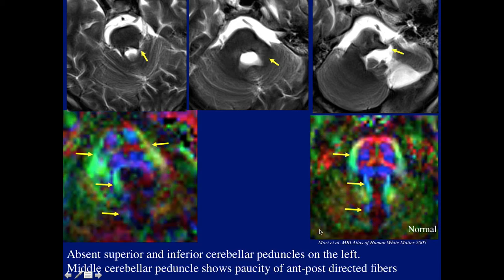And again, not only do we see it on the T2, but we can also see it on the DTI image. The normal side, the green, middle, superior, and slightly bluish inferior cerebellar peduncle. Nothing here, just a little bit of yellow, no large middle cerebellar peduncle, no superior cerebellar peduncle, and no inferior when compared to the normal.